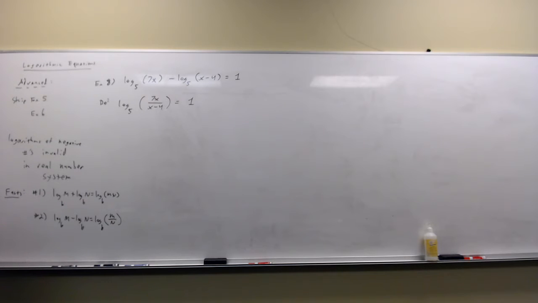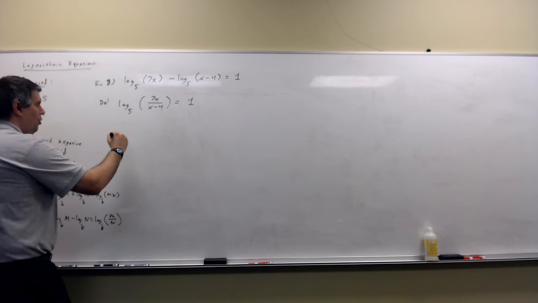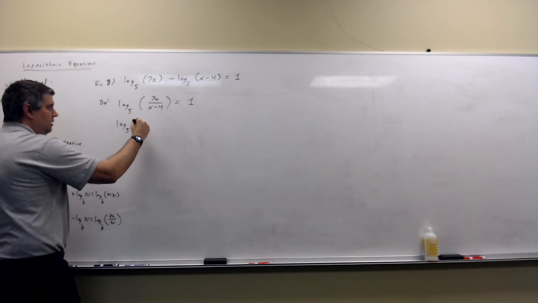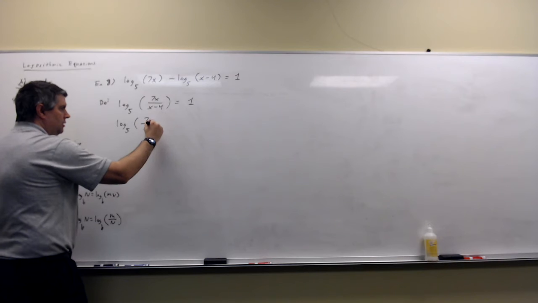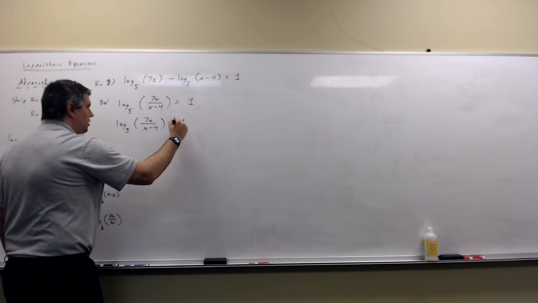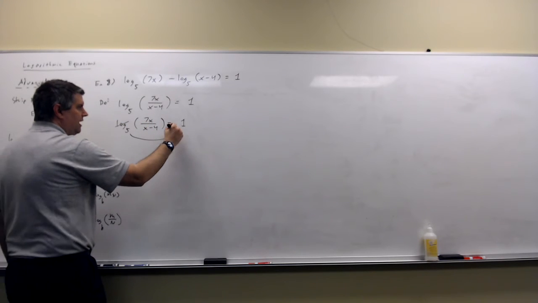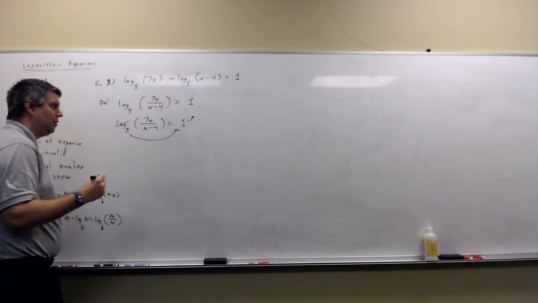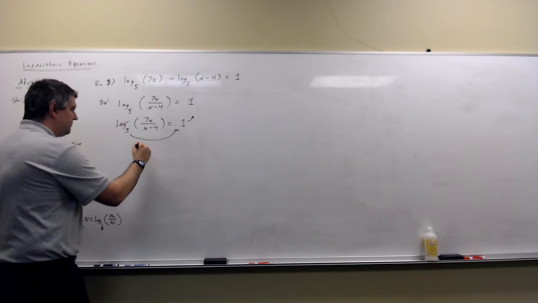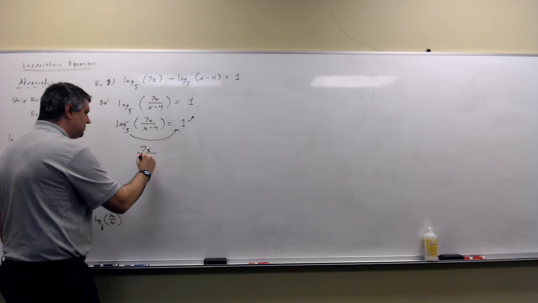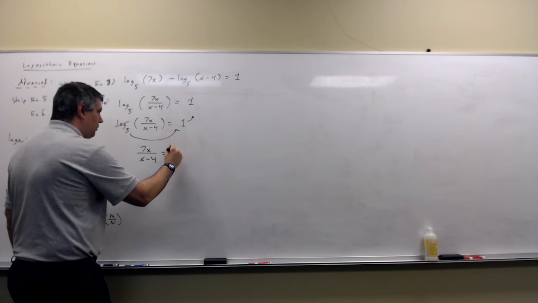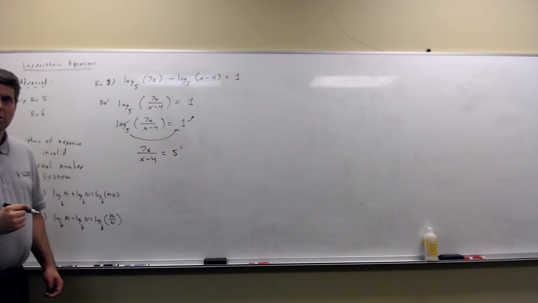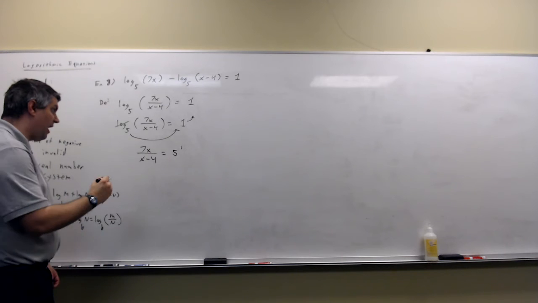Let me double check that I copied it correctly. I did. Good. So, we will now proceed to dump the log. The 5 goes to the other side and the 1 goes up in the exponent. So we have 7x over x minus 4 equals 5 to the first. Well, 5 to the first power is just 5.